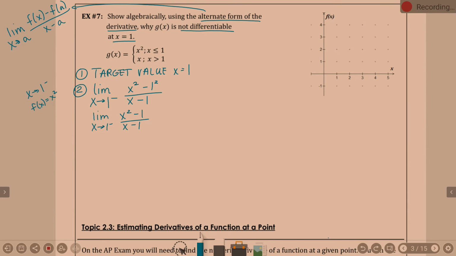I'm not going to say we couldn't put in like 0.9 because that is approaching from the left, but I would see it a little easier to think of this as factoring. Because x squared minus 1 is x plus 1, x minus 1 over x minus 1. Those cancel. Finish your limit.